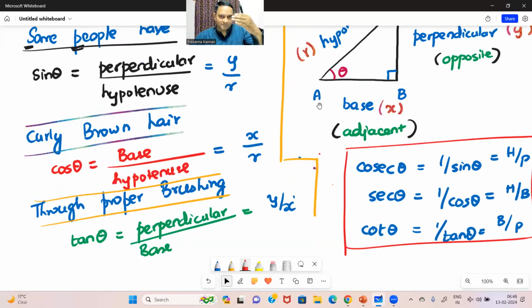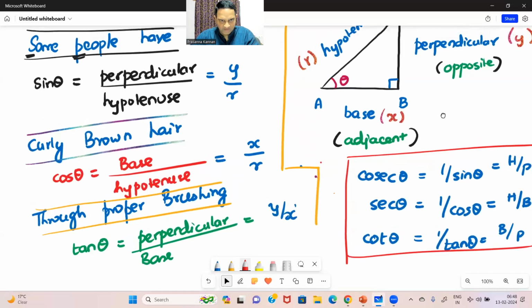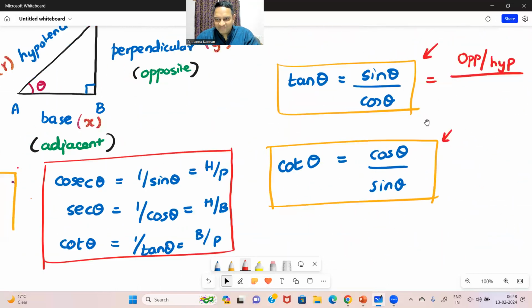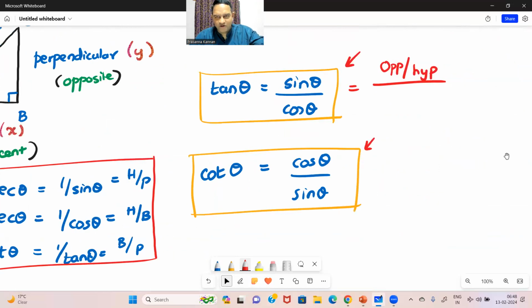If you do not remember it as a formula, you can write this and then convert it into opposite by hypotenuse, adjacent by hypotenuse, so that you will not go wrong. You understood now? Whichever you are comfortable with, you follow that.